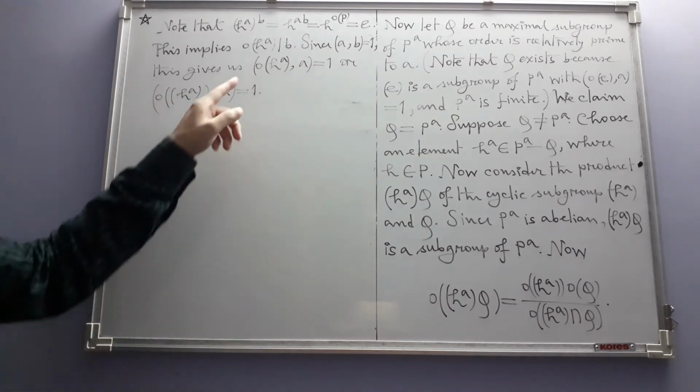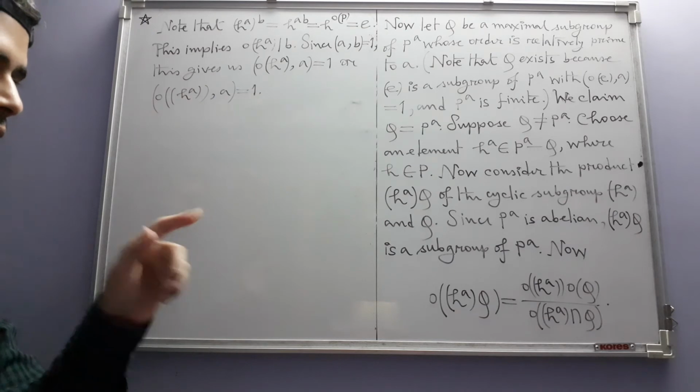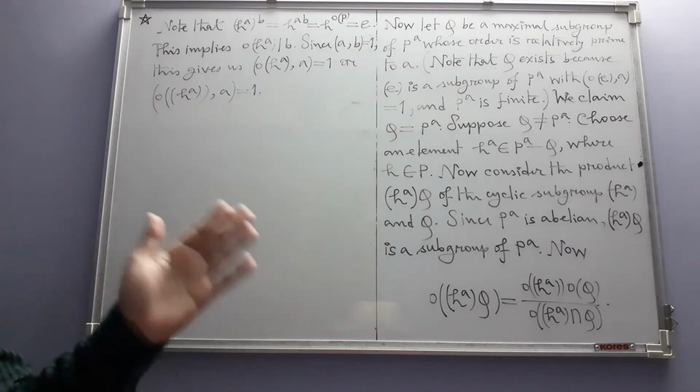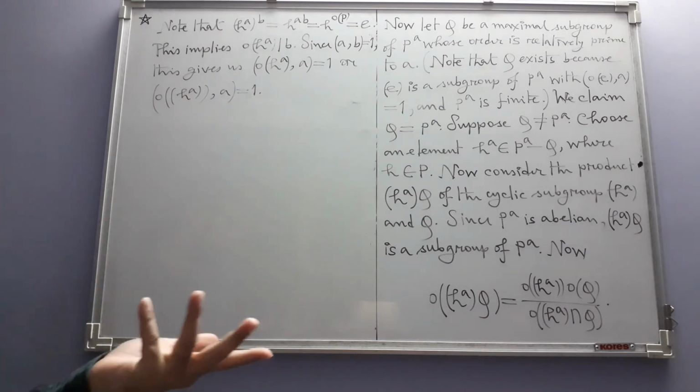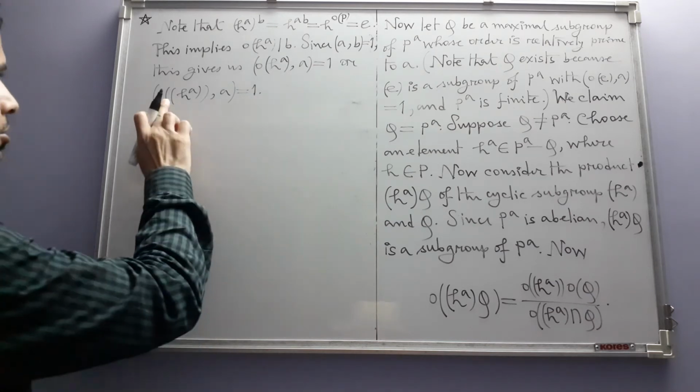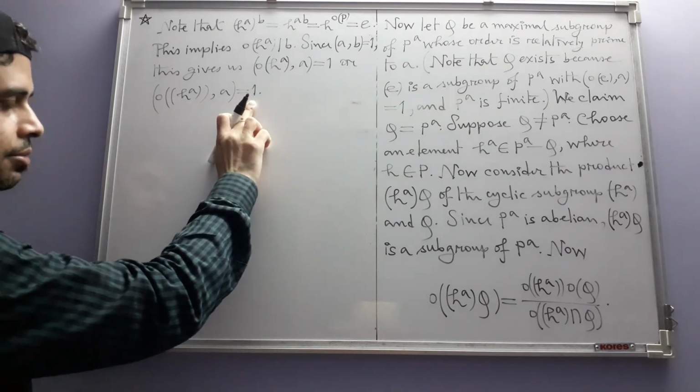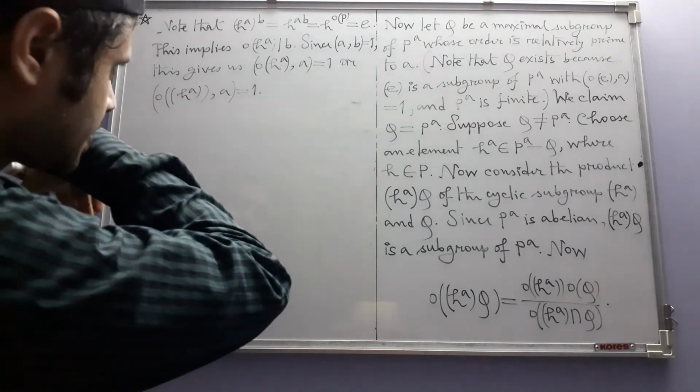Because we already know that the order of a cyclic subgroup equals the order of any of its generators. So this is equal to 1.